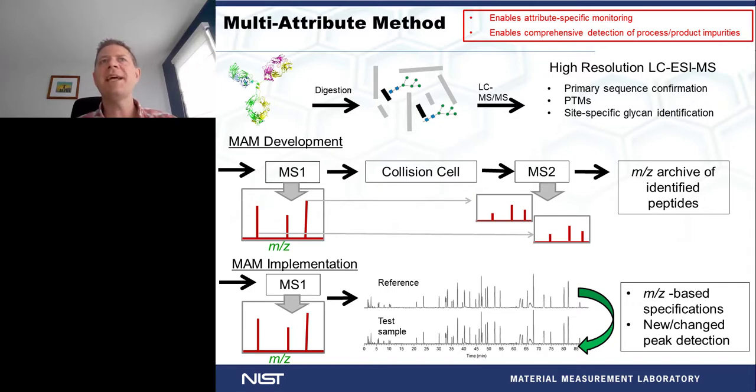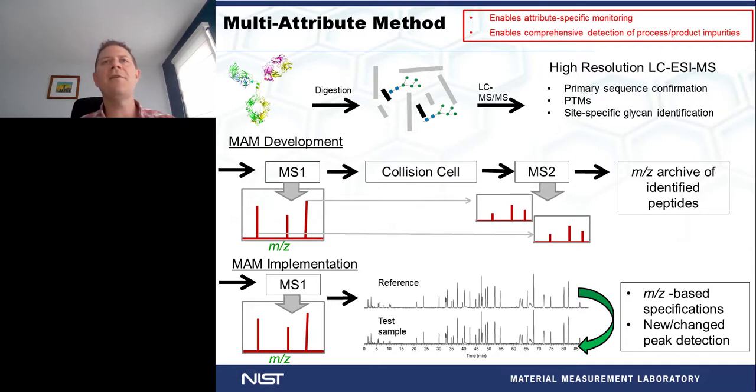So the multi-attribute method actually starts during the development phase, much as a mass spectrometry-based peptide mapping would, where we look at each individual peptide or group of peptides coming out of the chromatograph. In this case, in the MS1 box, we're actually showing a fictional example where we have 3 peptides coming out at the same time. The mass spectrometer will select each of those individual peptides. Moving from left to right across the collision cell, it will collide each peptide with a collision gas.